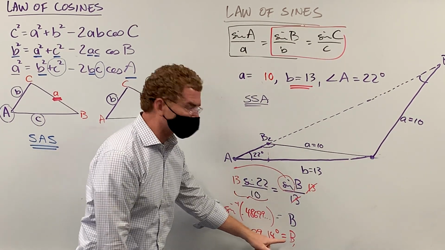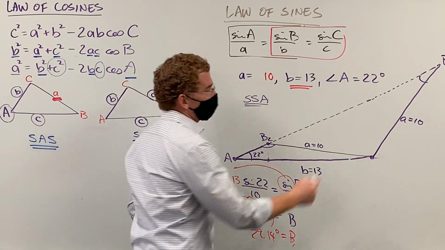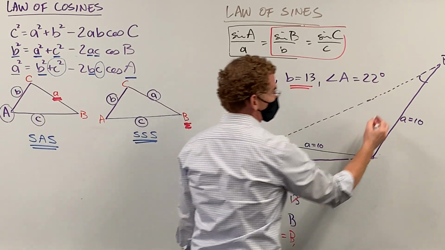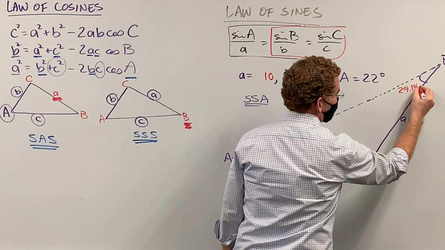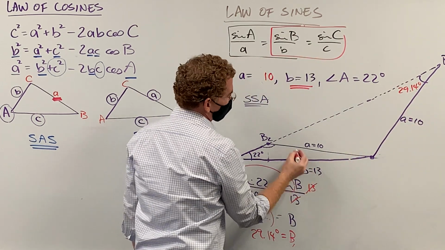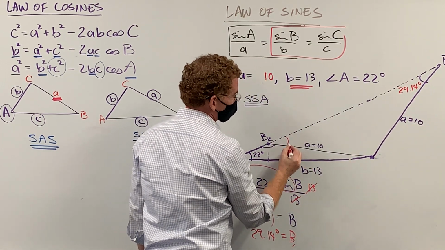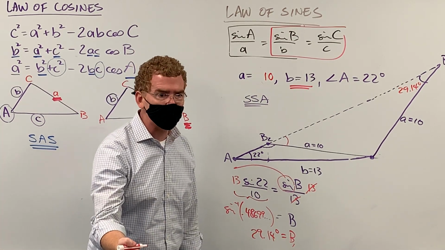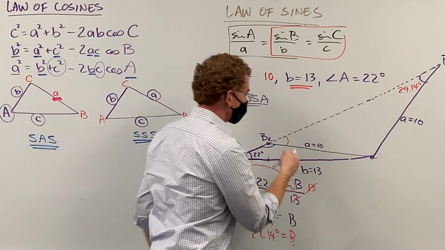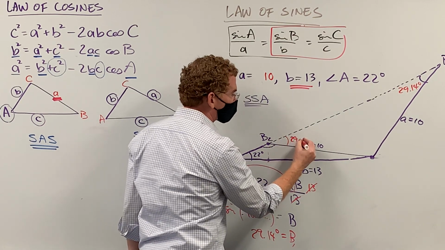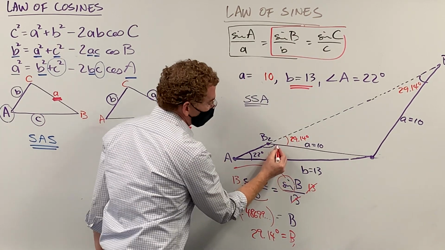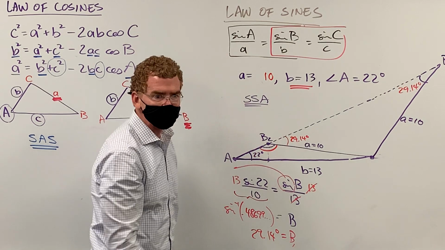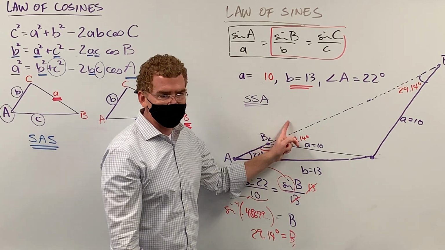And to have 2, your calculator is going to give you the first. And if this right here, do some geometry with me. If that's 29.14, then what do you know about that? It would have to be 29.14 also because this is isosceles, but that's not the angle I want. But if that's also 29.14, then what's this B2 that I want to find? 180 minus that.